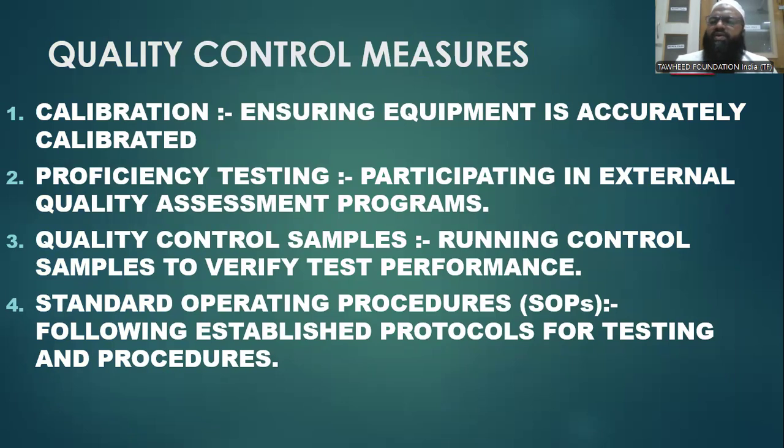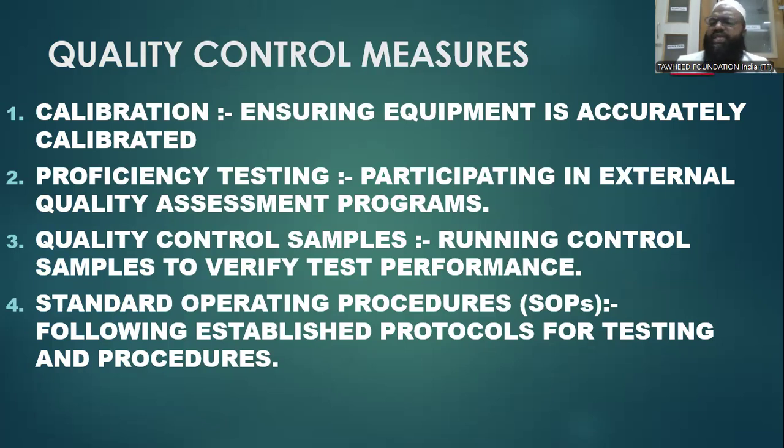In biochemistry, you find two levels of quality control. The first level may be the normal control, where normal values will be there. And level two may be the pathological control, the abnormal control, where abnormal results will be seen in that QC.